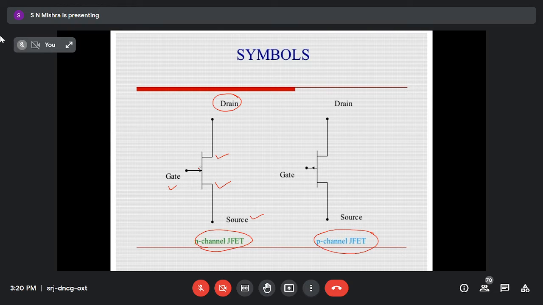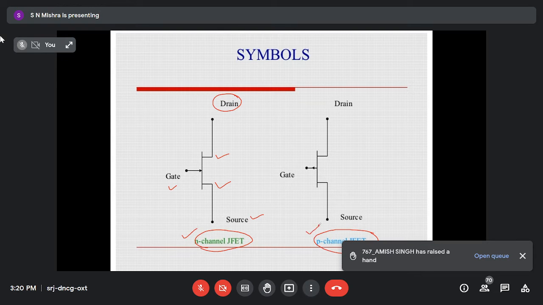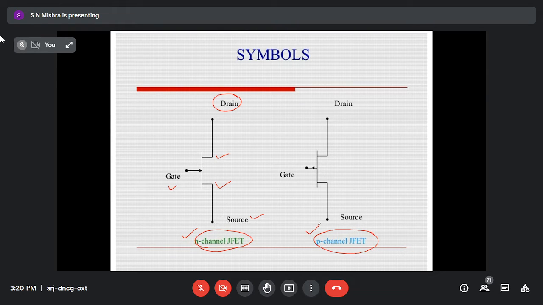Here the gate has the arrow mark, and arrow incoming means N-channel and outgoing means P-channel. But in the case of NPN and PNP transistors, incoming means PNP, outgoing means NPN. So this is the only change, the reverse direction is mentioned, and here these lines are not inclined, these are horizontal lines. So you practice these symbols a little bit, then you understand.